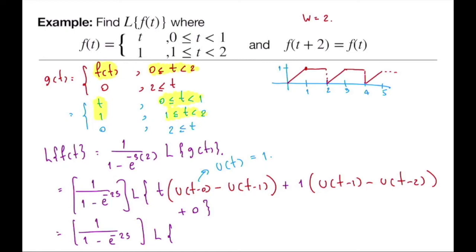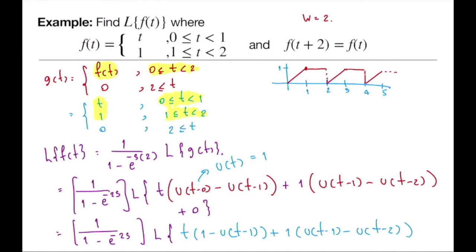So it's going to be t times (1 minus u(t minus 1)) plus 1 times (u(t minus 1) minus u(t minus 2)).